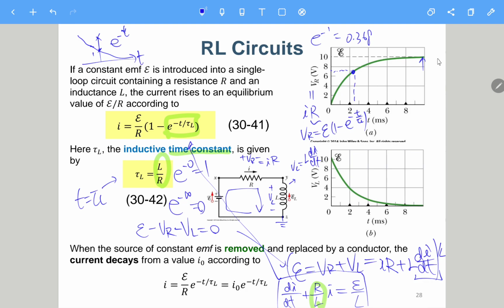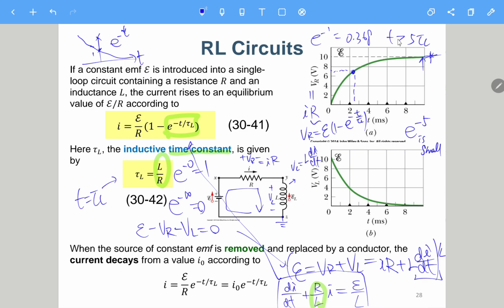But in engineering sense, when t is larger than maybe 3 tau L or 5 tau L, we will just ignore this error, because exponential to negative 5 should be very small. You can check it using your calculator. And in engineering sense, usually we will just ignore this thing.